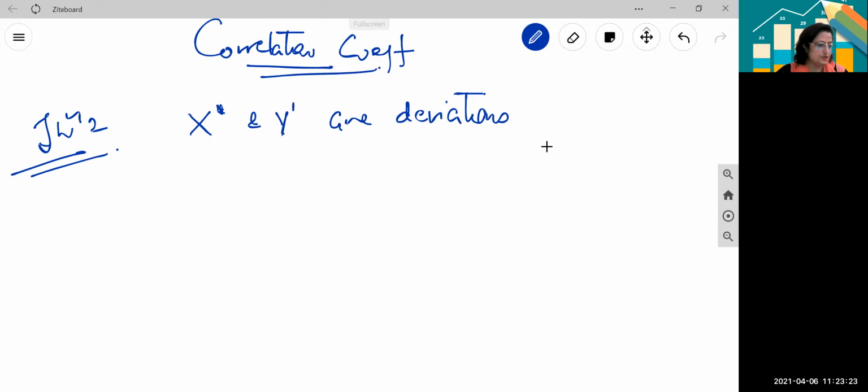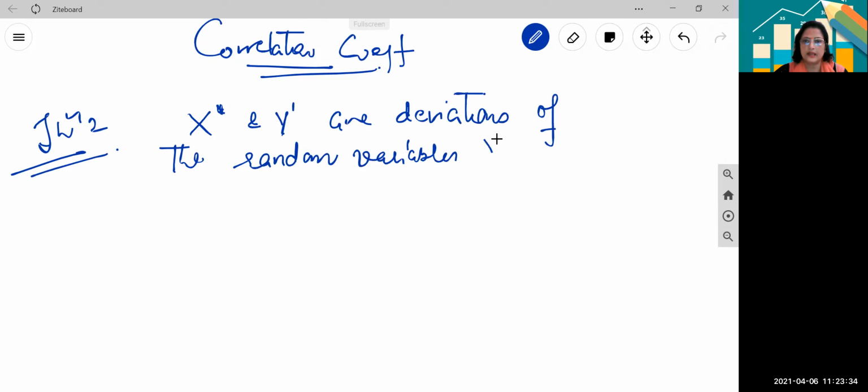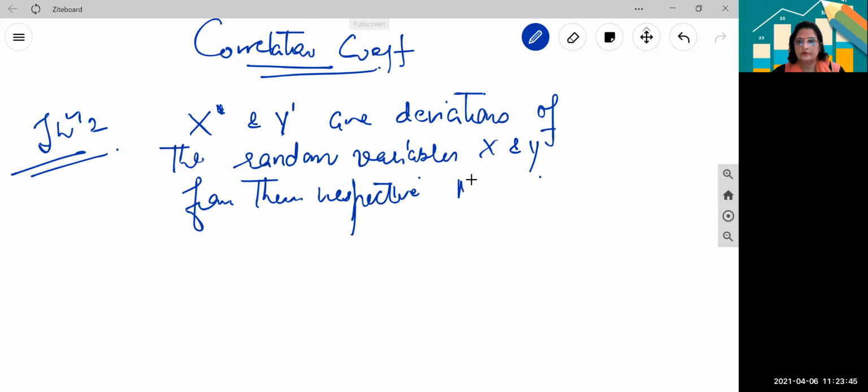These are the deviations of the random variables x and y, right? Deviations from where? From their respective means.